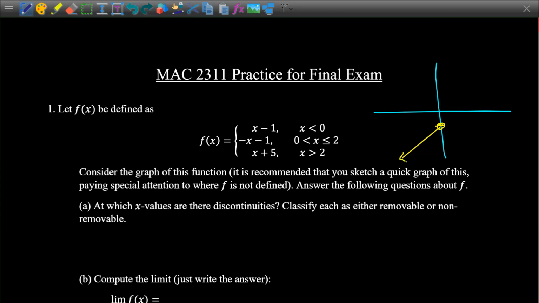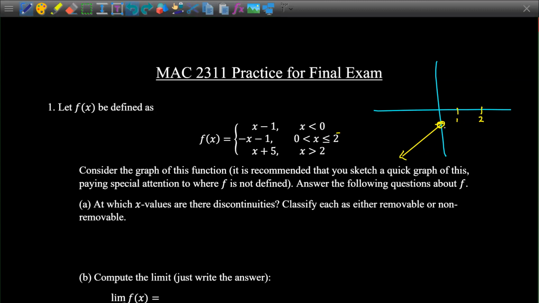And then for the next piece, the second piece is defined where the x values are positive but less than or equal to 2. And it's negative x minus 1. So again, it is going to have a y-intercept of -1, and then its slope is going to be -1.